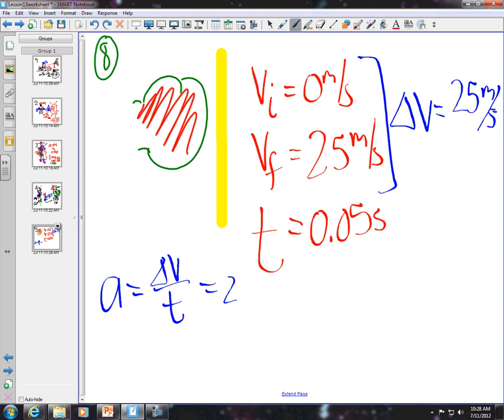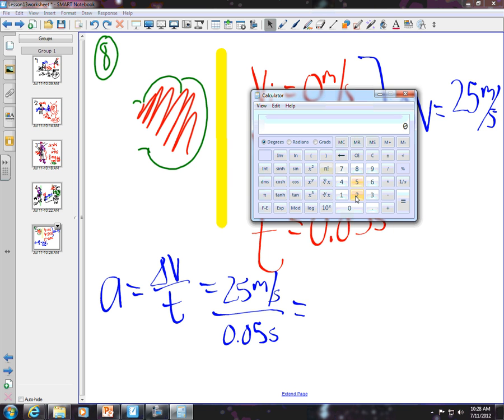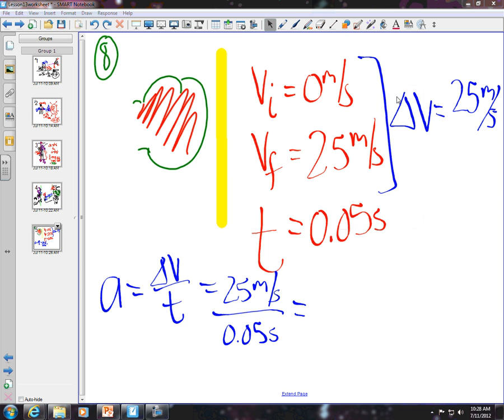Well, that's 25 meters per second over 0.05 seconds. Go to your handy dandy calculator if you don't want to do fractions in your head. No reciprocals. Right, 500. Okay. So the acceleration is going to be 500 meters per second squared.